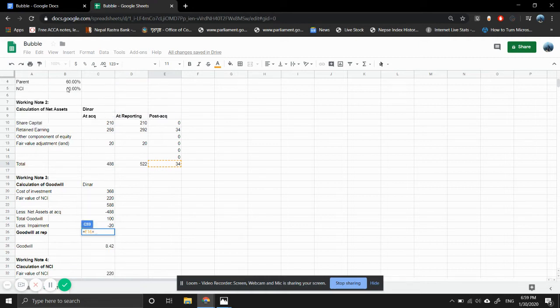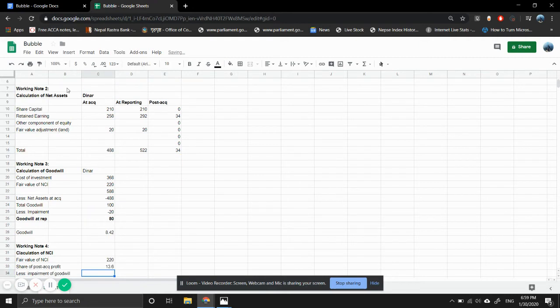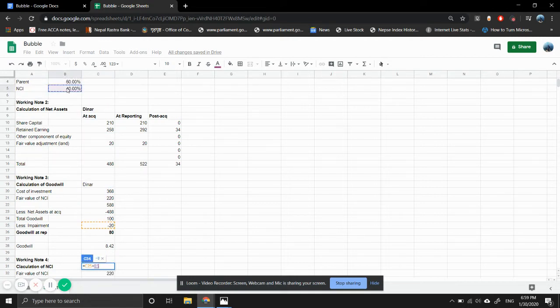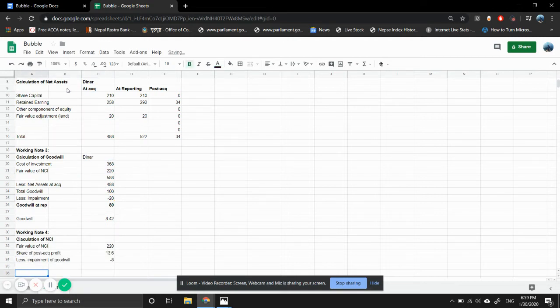So this figure into 40%, right? So that's their loss, and then for impairment as well, it's 20 into 40, and then there will also be something else.